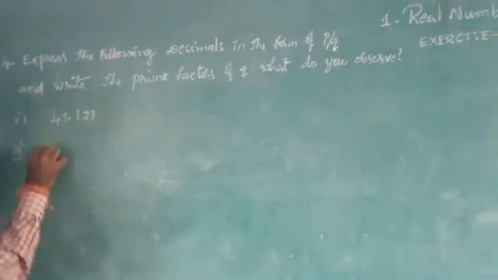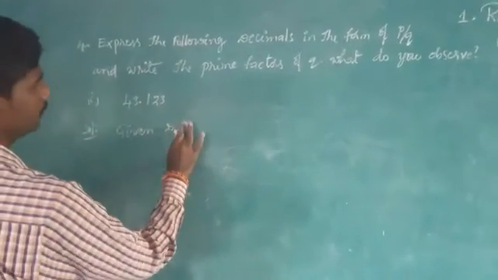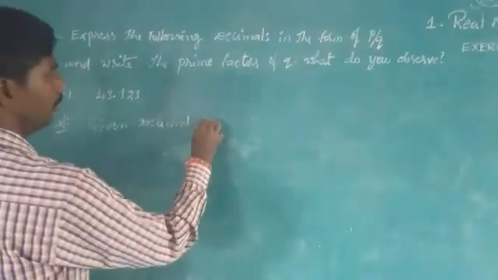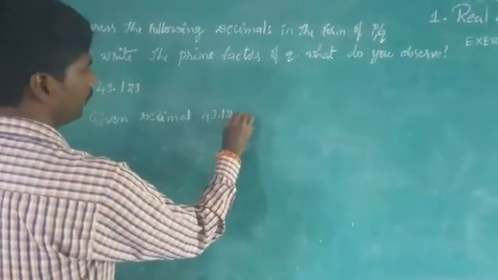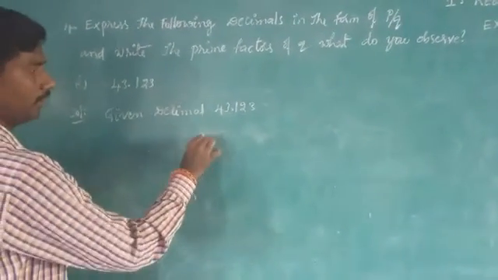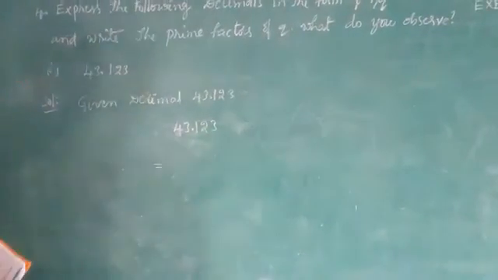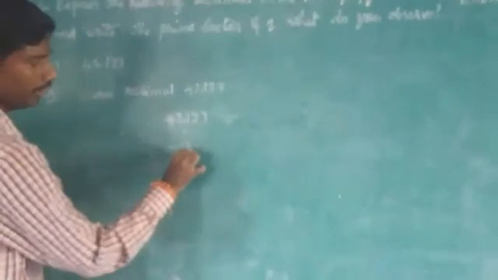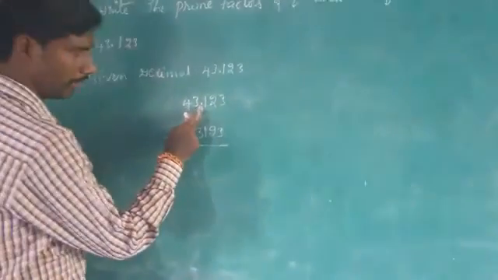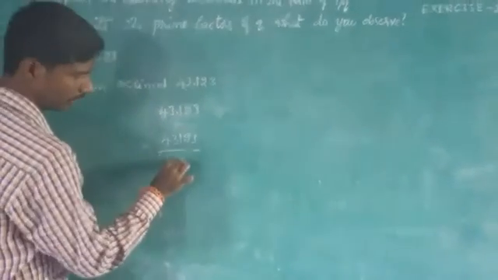What is the given decimal? 43.123. Observe it: you can write it as 43123 upon, after the decimal point you have 3 digits, 1, 2, 3, so in the denominator you write 1000.